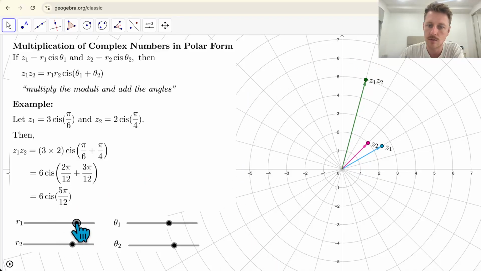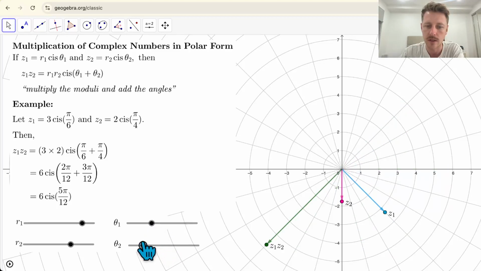Okay, so just for fun, we can play around with what happens if we change these values. You can see that when you multiply two complex numbers, it has the effect of scaling up the resultant vector. So you see how the green one's larger than the other ones combined, generally, unless we get a value between 0 and 1.